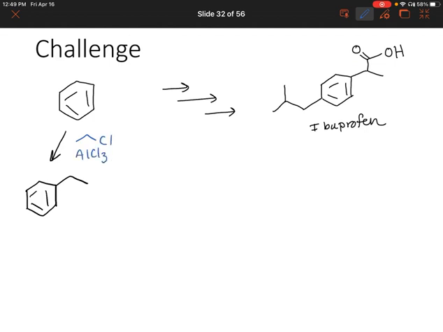All right, so I'm just going to use electrophilic aromatic substitution to add an ethyl group to the benzene ring. Then in the next step, I'm going to use Friedel-Crafts acylation to add an acyl group para to my alkyl group.